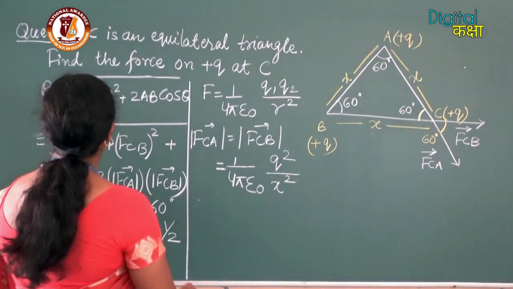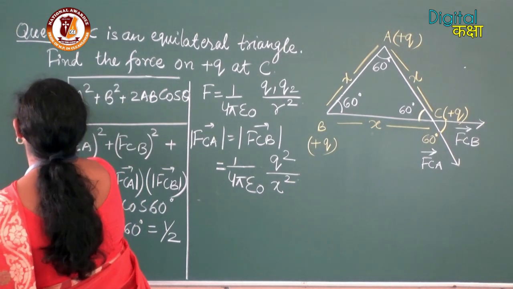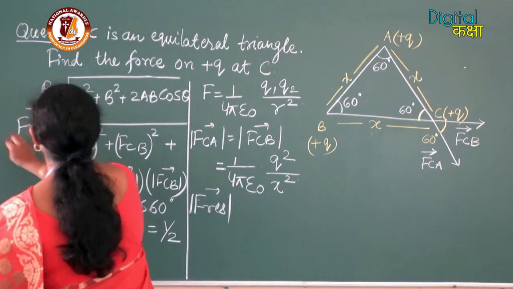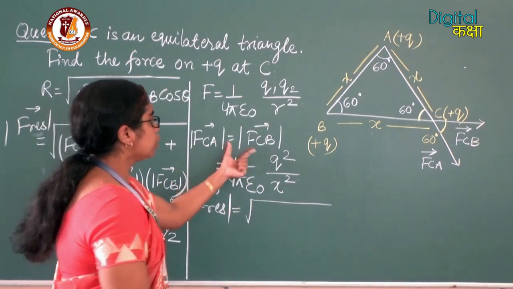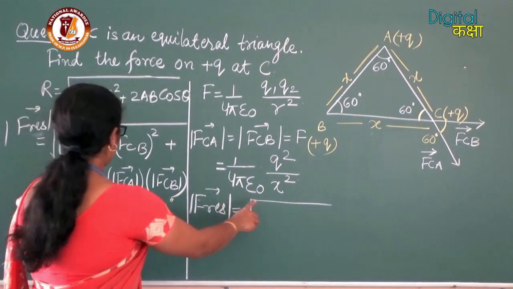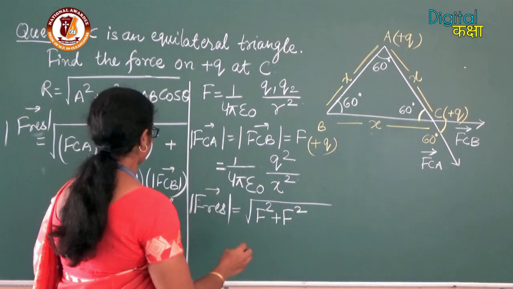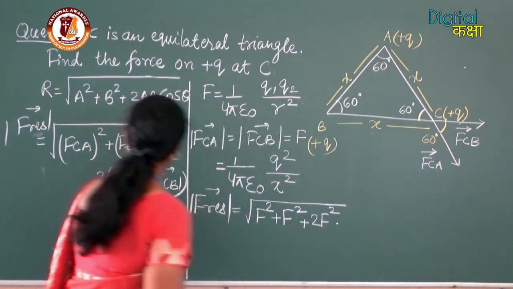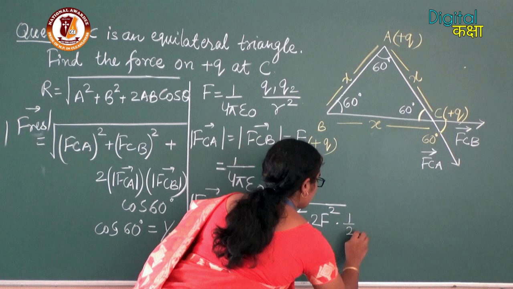This formula for F resultant is equal to under root. Let us say these two forces' magnitude can be denoted by F. So the value comes out to be F square plus F square plus 2F square cos 60 degree, which is equal to 1 by 2.